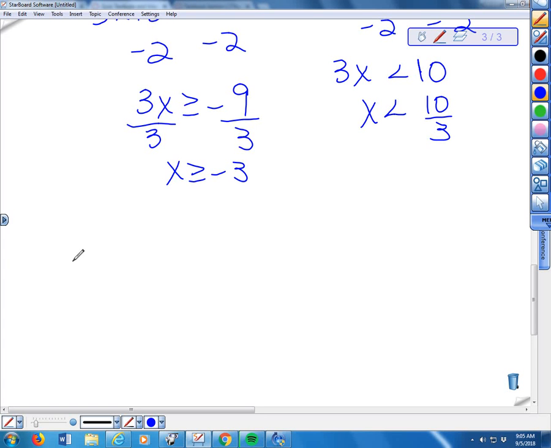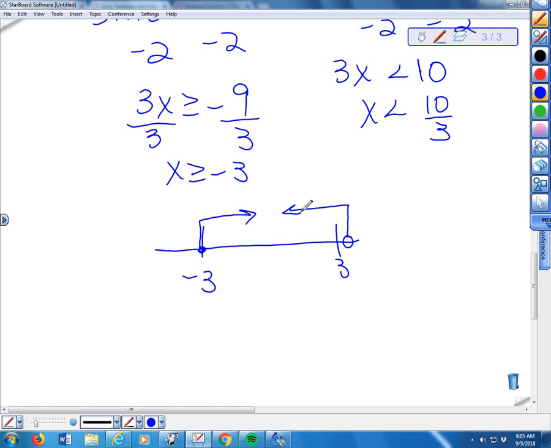Well, the best way to answer it is to graph it. Ten-thirds is a little more than 3, right? It's wanting everything greater than -3 and everything less than, so it's an and, because the solution set is between those two numbers.